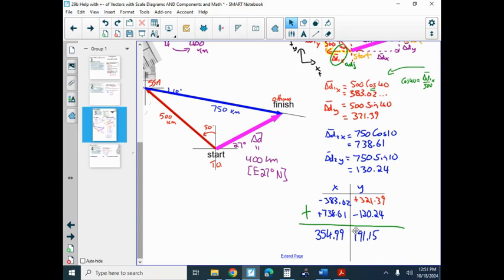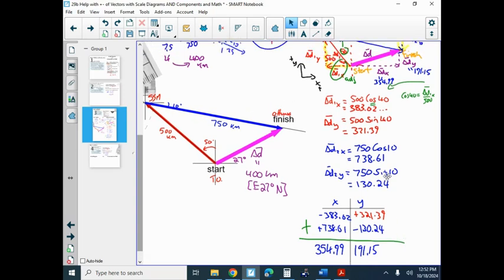So, you know, this number, the delta dx, right, is that 354.99. And the delta dy is the 191.15. Okay, those are those numbers. What I recommend, though, is basically drawing that kind of a picture separately so that you can analyze carefully in the end.